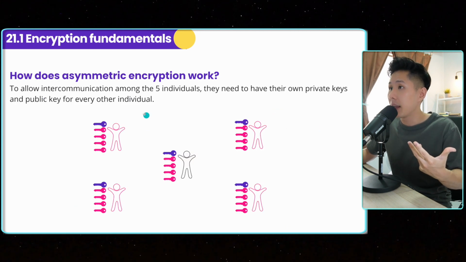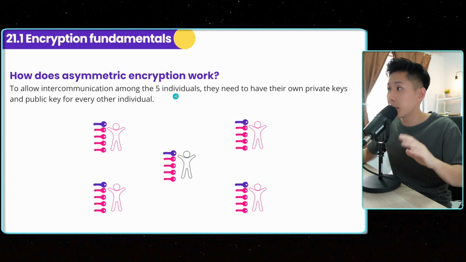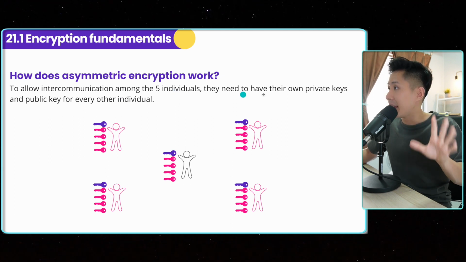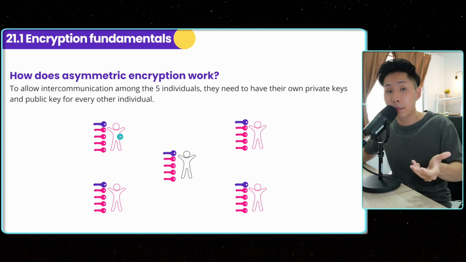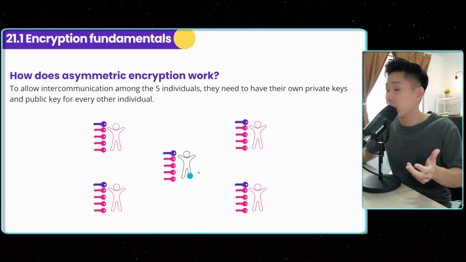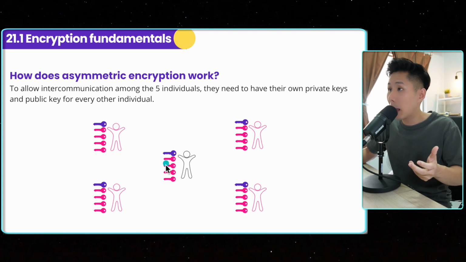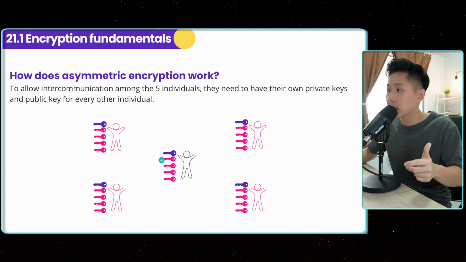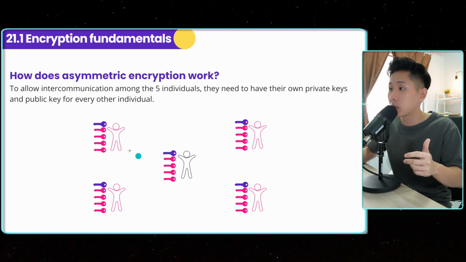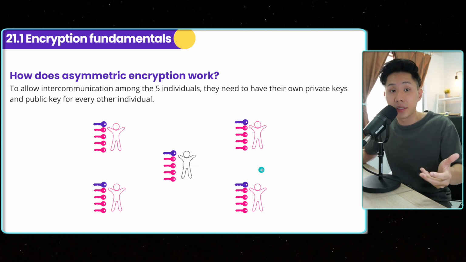This is why, to allow intercommunication among the 5 individuals, they need to have their own private key, and they also need to send their public key to everybody. So if you look at this person here, he has 4 public keys, the pink color keys, and each of these keys allows him to send a message to each of the people on the network.